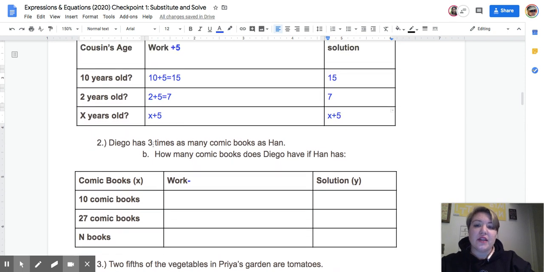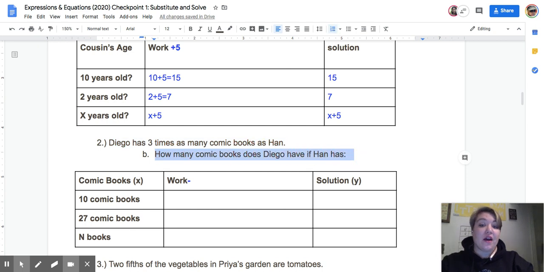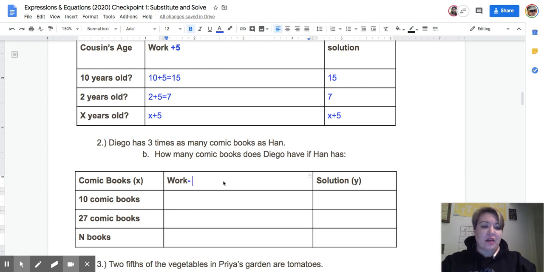Diego has 3 times as many comic books as Han. How many comic books does Diego have if Han has 10? Okay. So he has 3 times as many. We would represent that as 3 times X, the number of comic books.